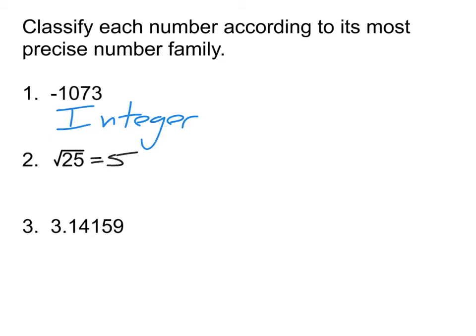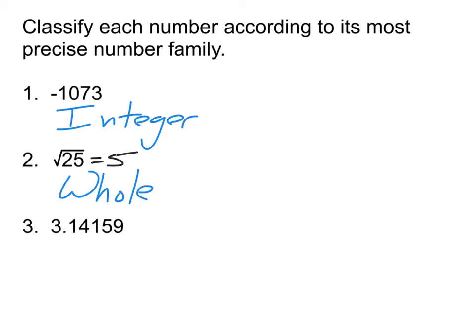So the number that we're actually categorizing then is 5. No decimals, no fractions. It's positive. What's that make it? Whole, absolutely. So that is a whole number. That's the most precise. Yes, it is also an integer, but whole is more precise.